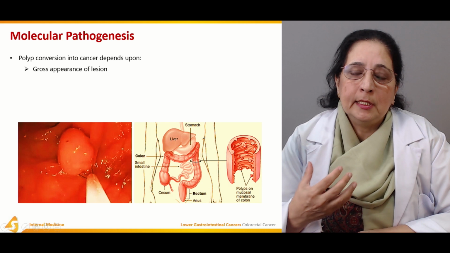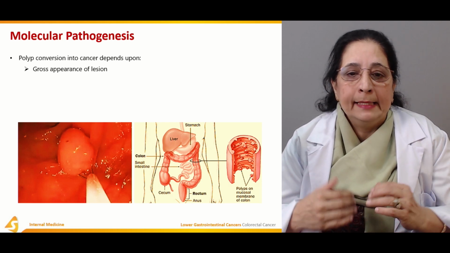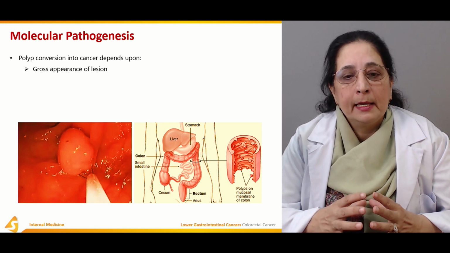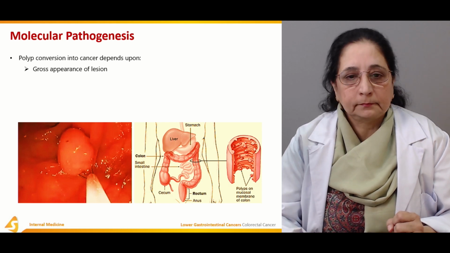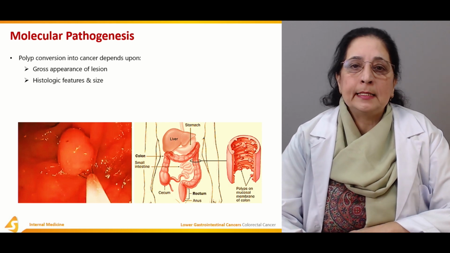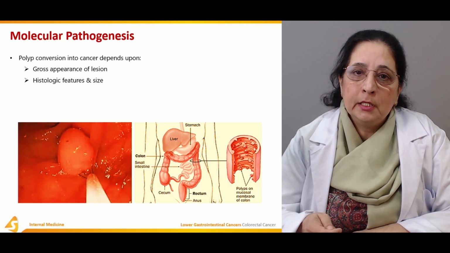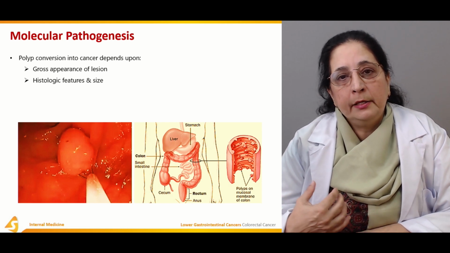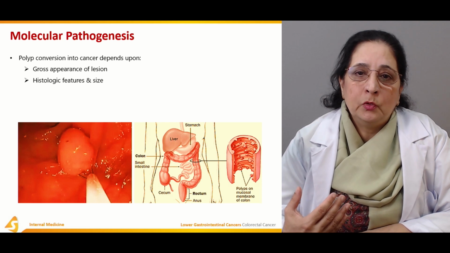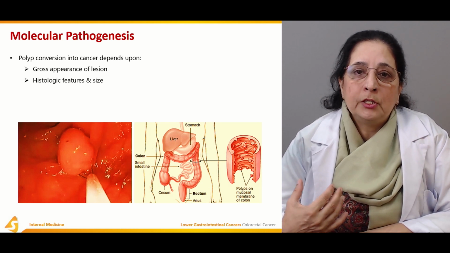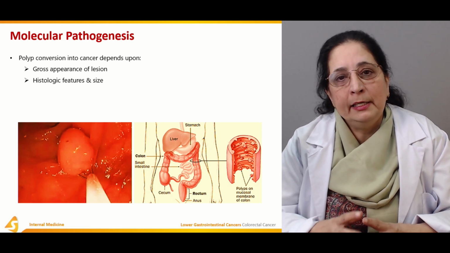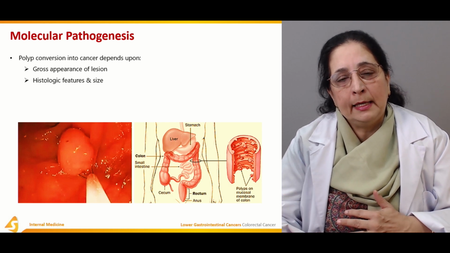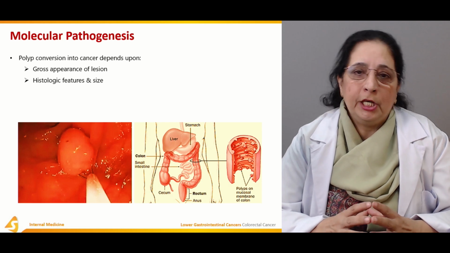The gross appearance of the polyp mainly tells us whether the polyp will change into cancer or not. Histologic features and size are another important factor. If the histology shows different mutations, proliferation, and the presence of poorly differentiated cells, which are associated with malignancy, they will have the ability to change into cancer.